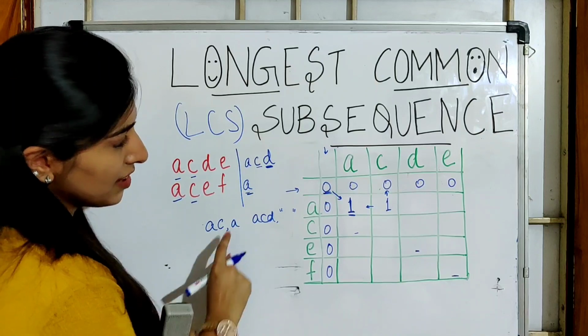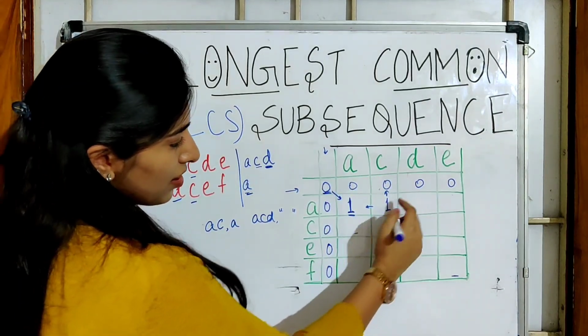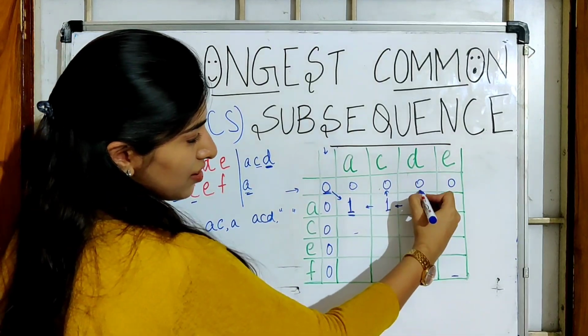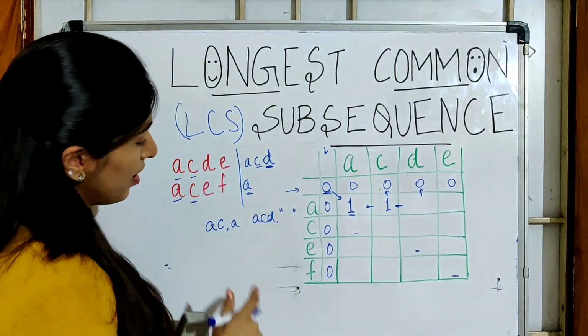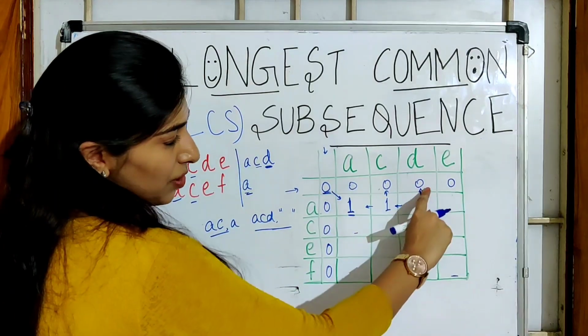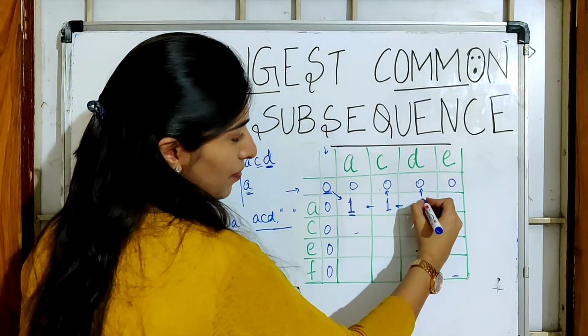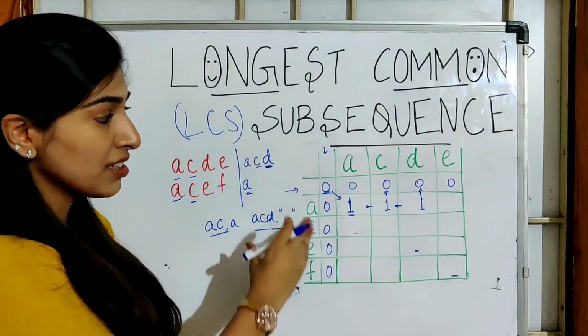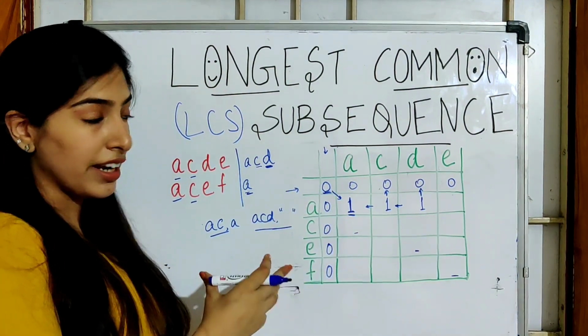So ACA is this, and ACD and empty is this. Here again we are getting the maximum value from these two subproblems, that is the maximum of this and this. That is 1. So now you can see we are using the subproblems that we already have.